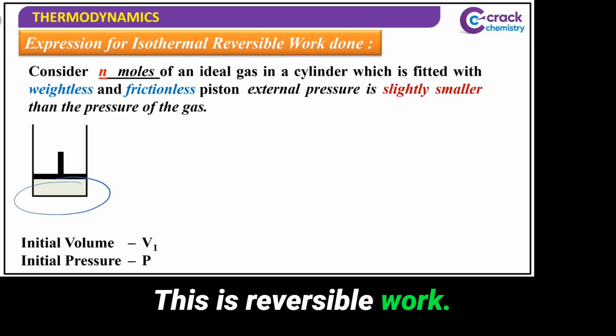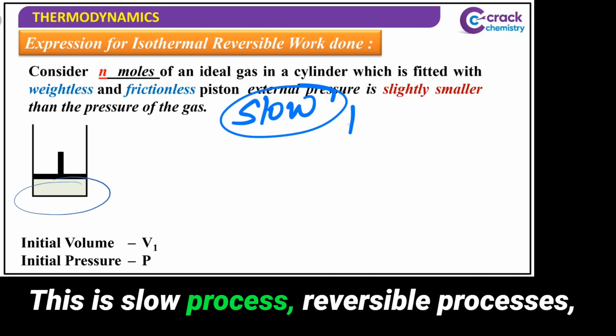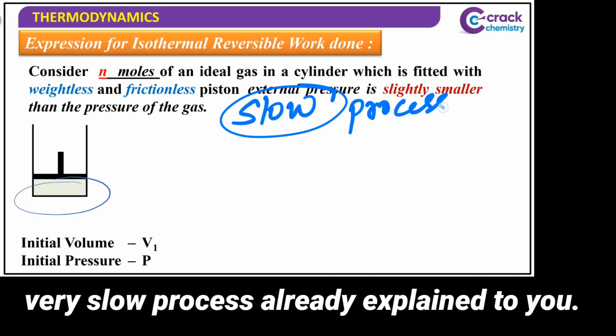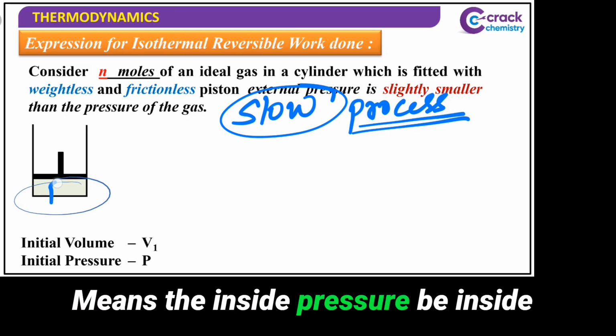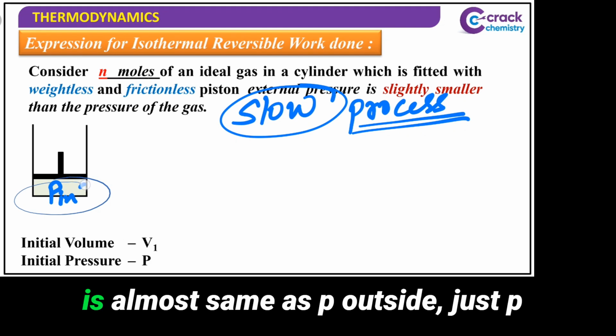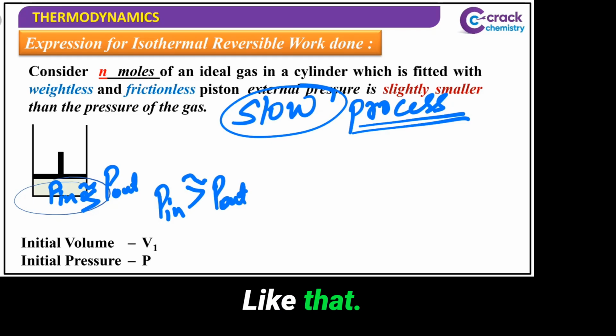This is reversible work. Reversible is not fast, this is a slow process. Reversible process is a very slow process, already explained to you. It means the inside pressure P inside is almost the same as P outside, just P inside is slightly greater than P outside.